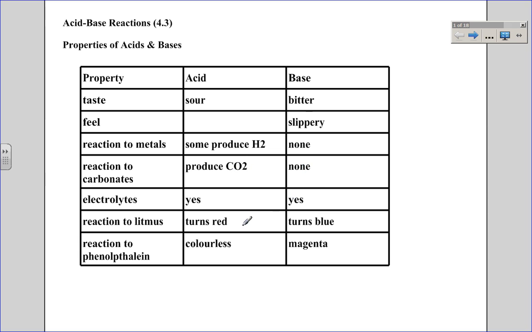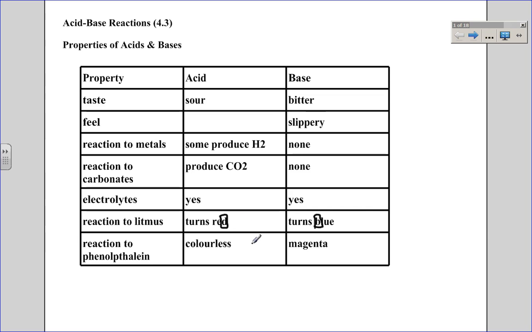Acids and bases are also identified using indicators. And you may have worked with litmus before, and litmus turns red in the presence of acids and turns blue in the presence of base, which we can remember with the acid ending in D and red ending in D, and base beginning in B and blue beginning in B. You've also had some experience with phenolphthalein, and phenolphthalein is an acid-base indicator that is magenta, or very hot pink in base, yet it is colorless in acid.